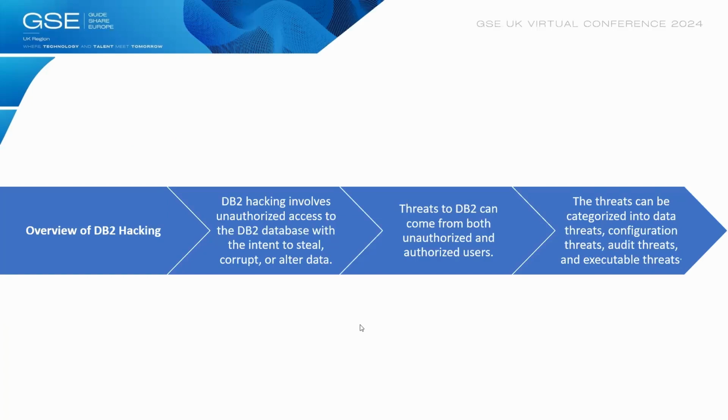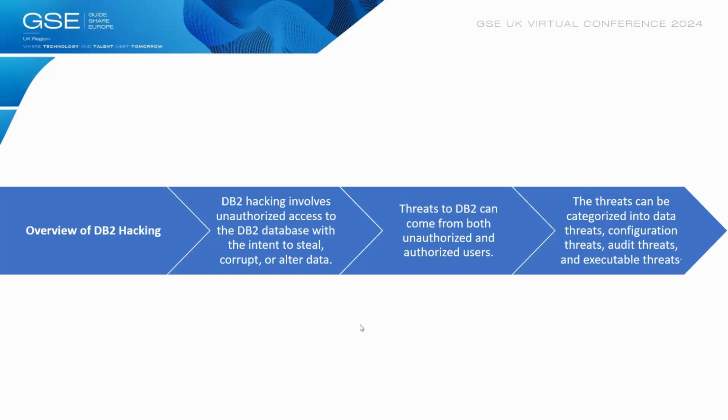Generally, Db2 hacking could involve unauthorized access to the Db2 database. Threats to Db2 could come from authorized and unauthorized users.